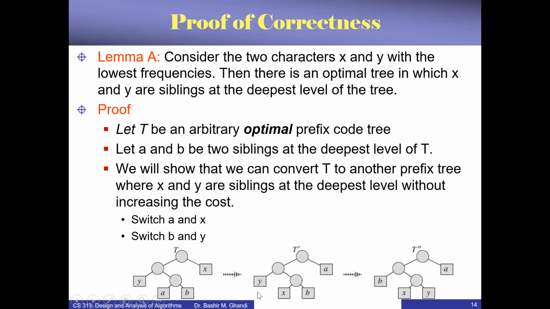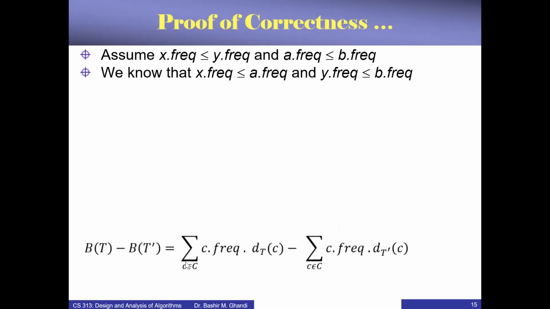So we can replace the position of x with the position of a, and similarly we can replace the position of a in the new tree with the position of x in the old tree. That is just what we have just done.